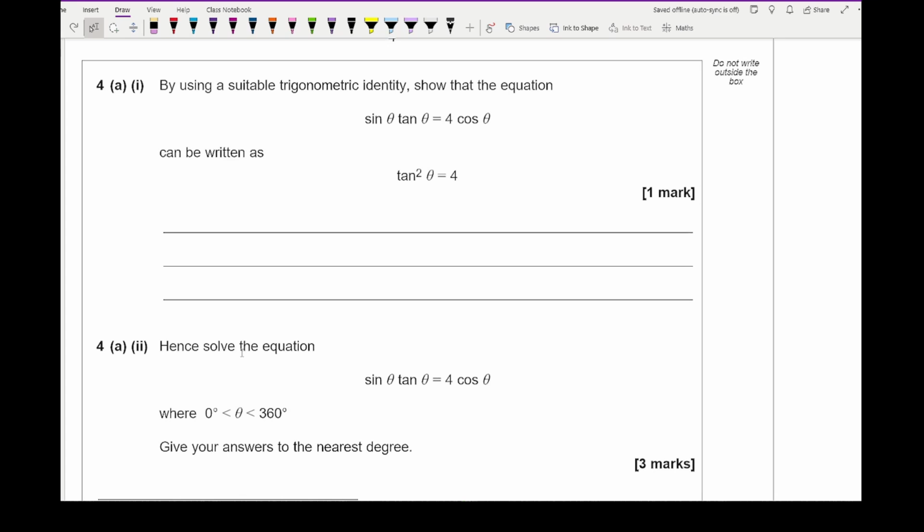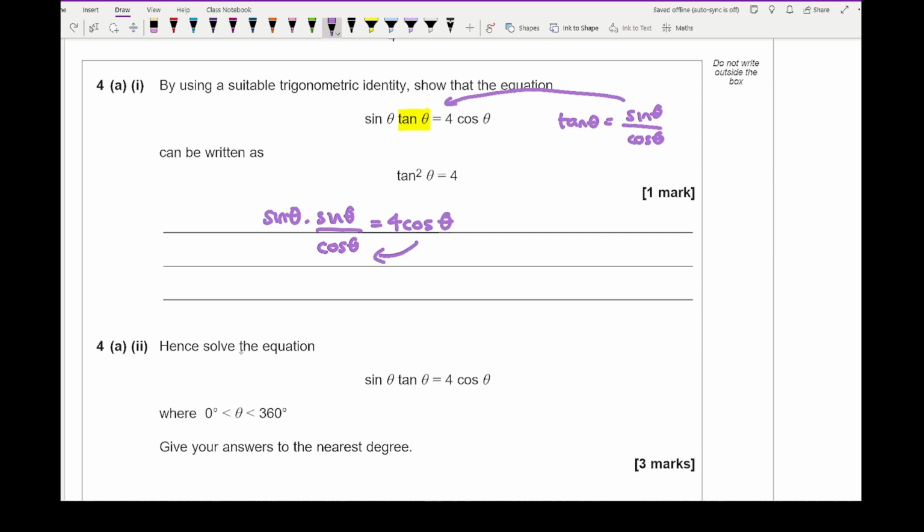Now moving on to question 4AI, it says by using a suitable trigonometry identity, show that the equation sine theta tan theta equals 4 cos theta can be written as tan squared theta equals 4. So for this, what we need to establish is that we can write tan theta as sine theta over cos theta. So if I substitute that into this, what I end up with is sine theta over cos theta equals 4 cos theta.